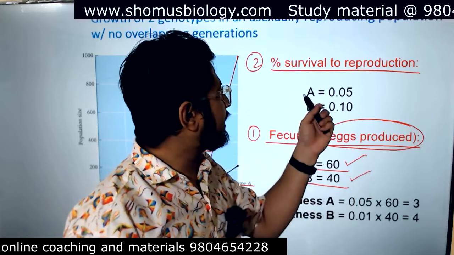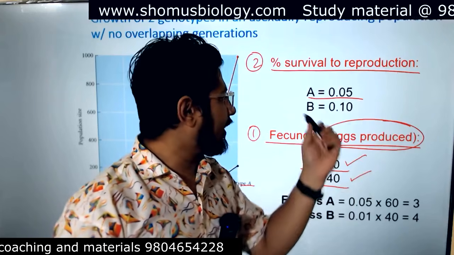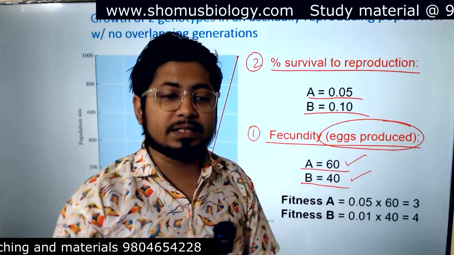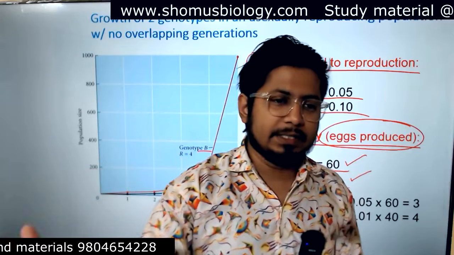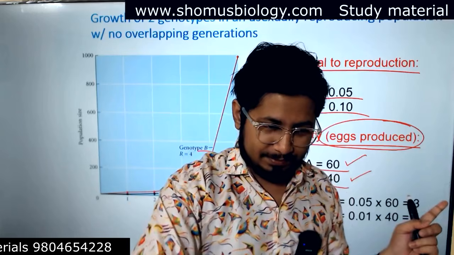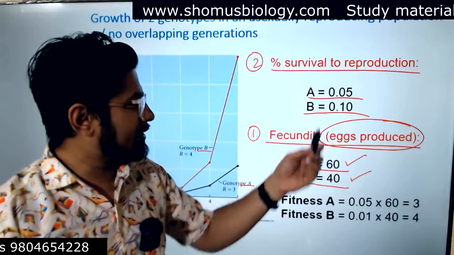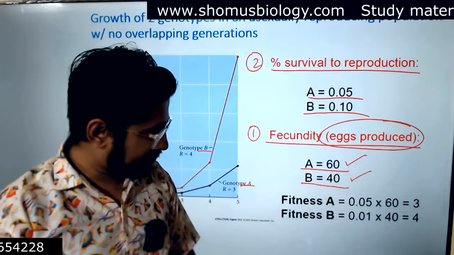But if you look here, the person's survival till reproduction for A is 0.05, B is 0.10, double. That means even though A is producing more eggs, those offspring will not survive till their reproduction compared to B. B is producing fewer eggs, but more of those individuals are surviving till their reproduction.